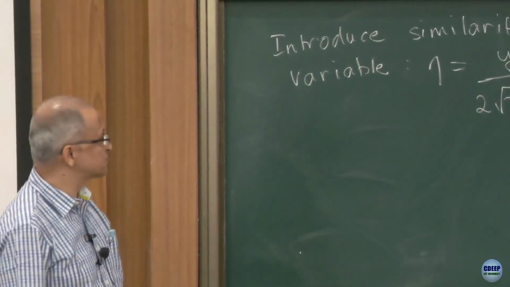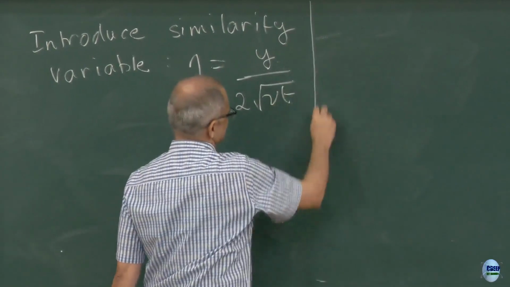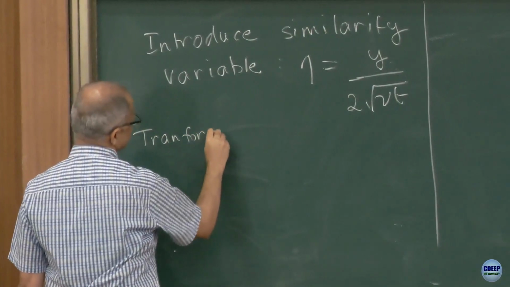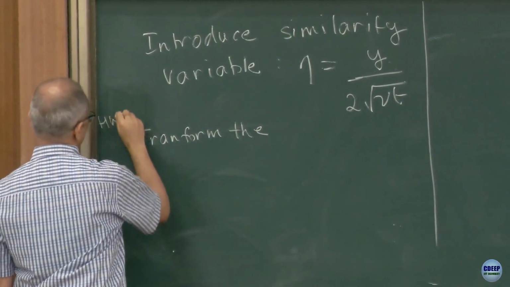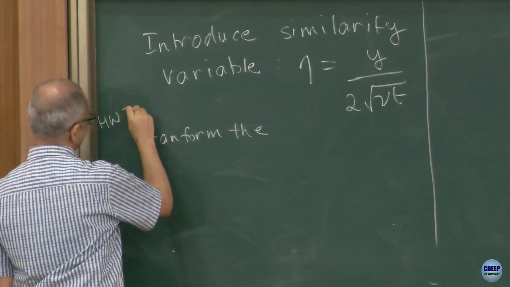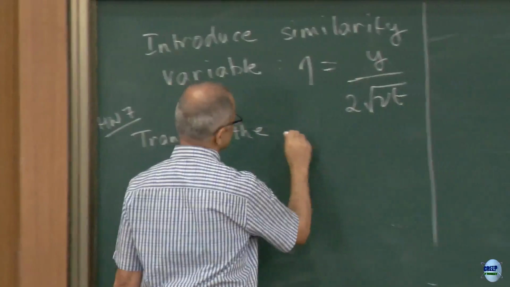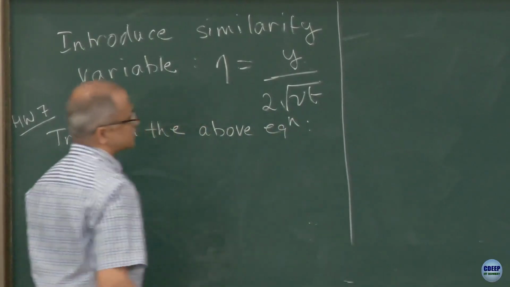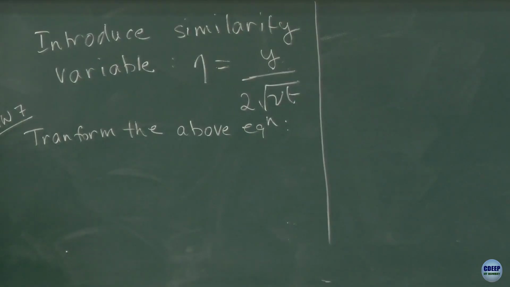So what is the next step after having introduced the similarity variable? It is to transform the governing equation. This is one exercise I would like you to do. In the next homework, please add this problem. Homework 7 now or 6 now? Maybe 7, right? Whatever is the latest homework, add this. So transform the above equation, so that you are not just saying it in the class, you actually go back and do it for yourself at least once, so that you are confident that you can get this equation.